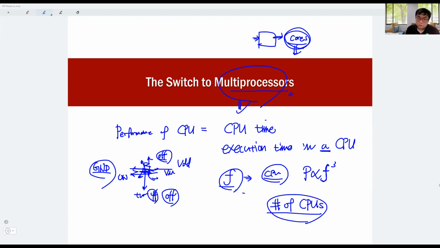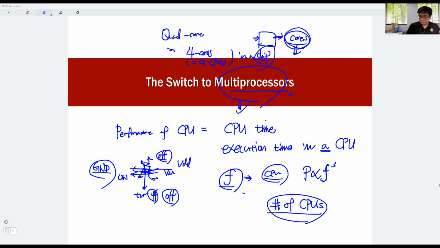Okay, so quad core means that there are 4 cores. It is equivalent to 4 CPUs in the CPU chip.